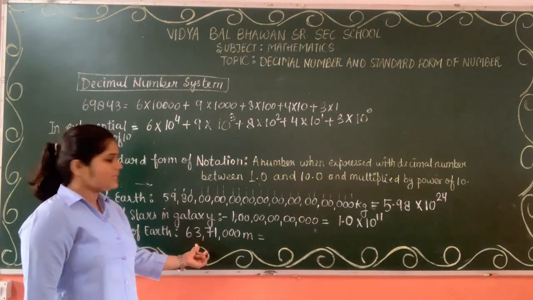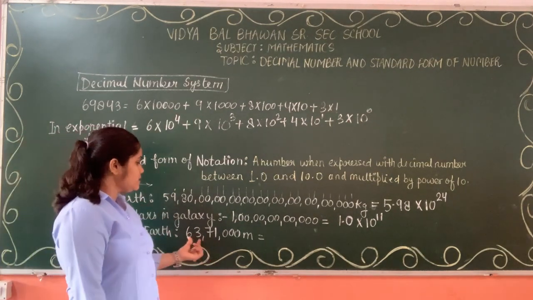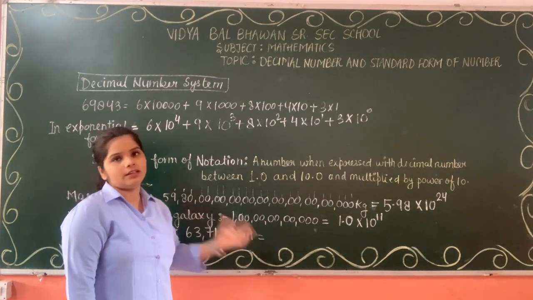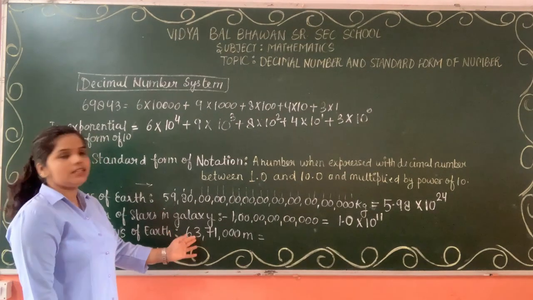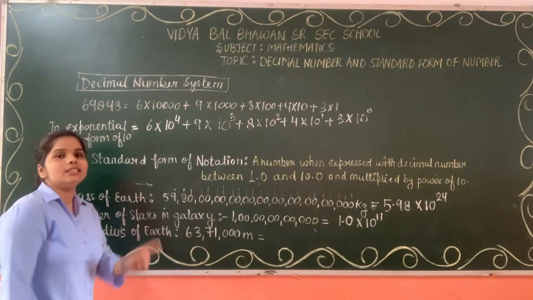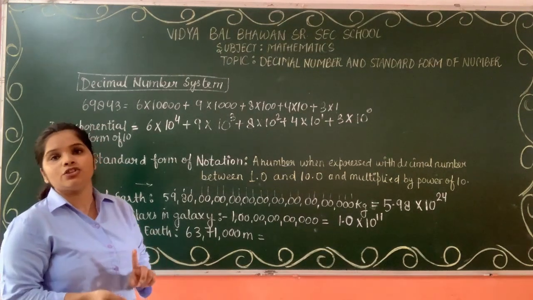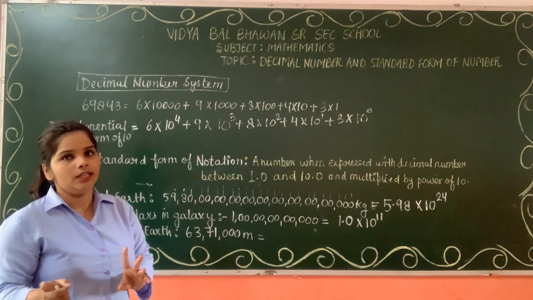Let's do one more example. This is the radius of Earth, 63,71,000 meter. Again, we are going to represent this radius of Earth in standard form. Standard form means representation of the number as a decimal number between 1 and 10 only.